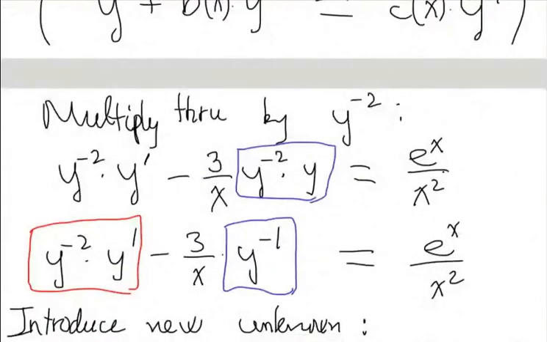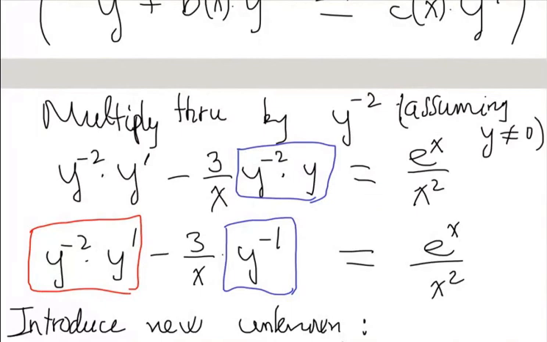Sorry, multiply through by negative 2. But in order to do so, we need to assume that y is not 0. Otherwise, we are doing division by 0. That's not allowed. We're assuming y different from 0.